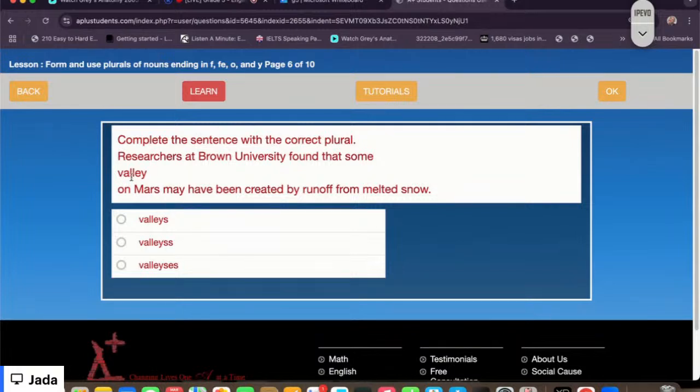Okay. All right, so we have researchers at Brown University found that some valleys on Mars may have been created by runoff from melted snow.